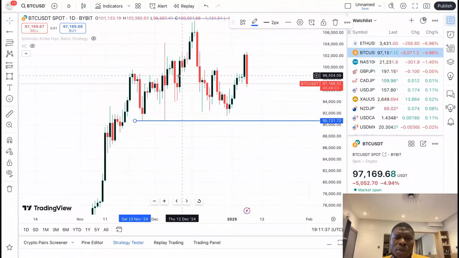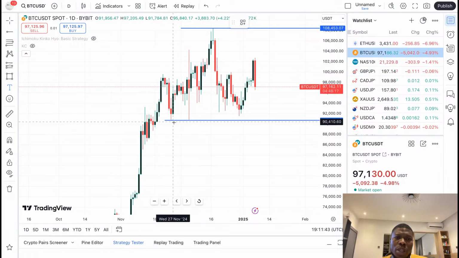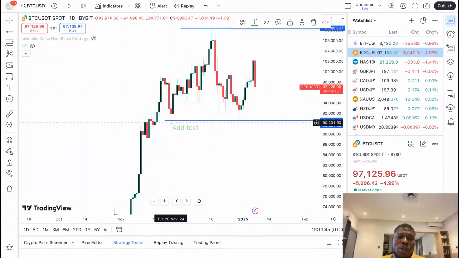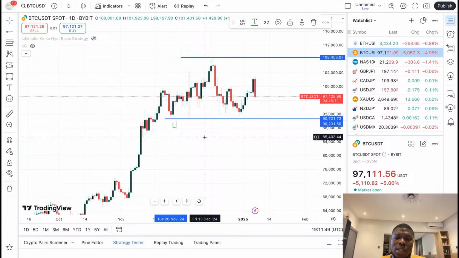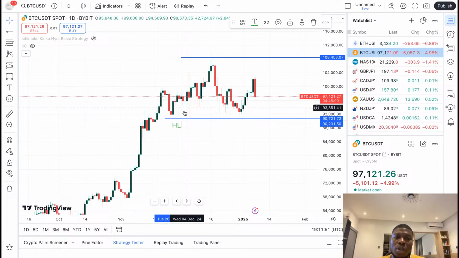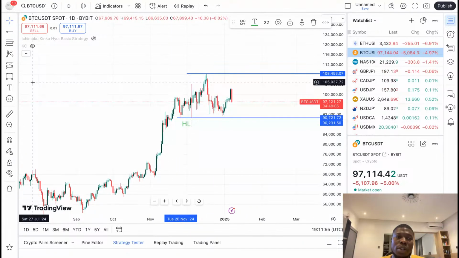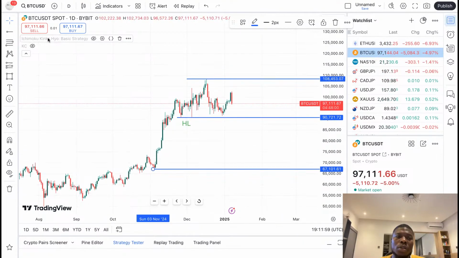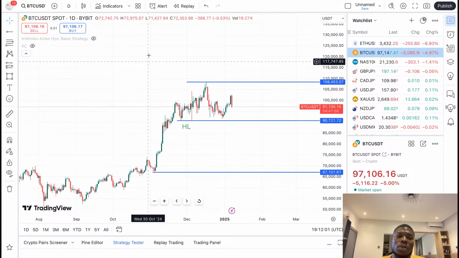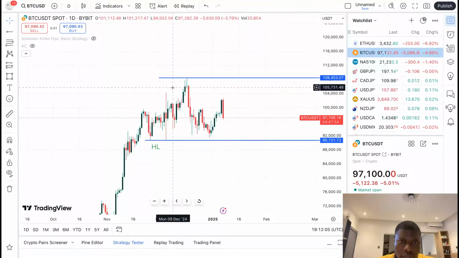So right now, on our 1 day, this is the last low of this swing. That's the last higher low because this is an uptrend. So you squeeze your charts. This is the next swing on this 1 day. So right now, on 1 day of Bitcoin, Bitcoin is in an uptrend.